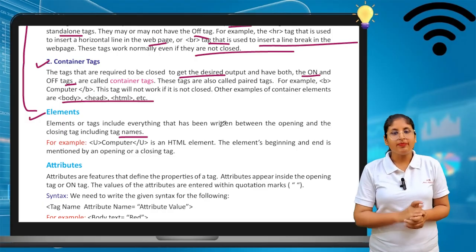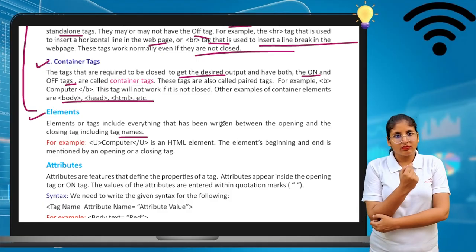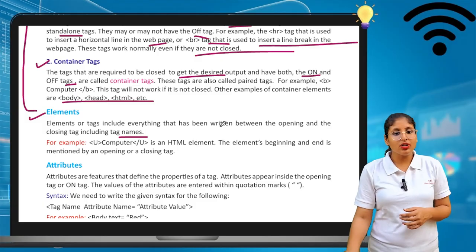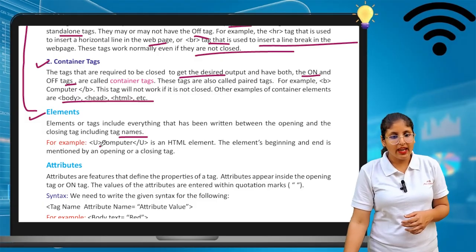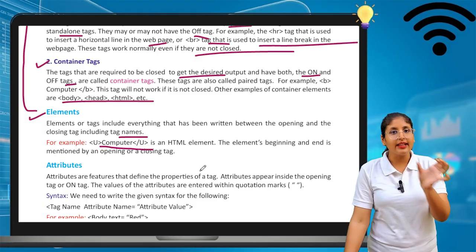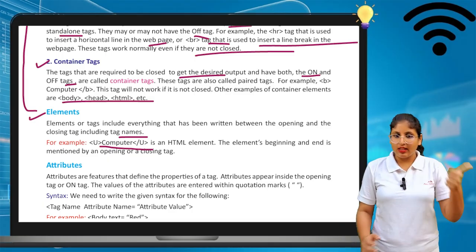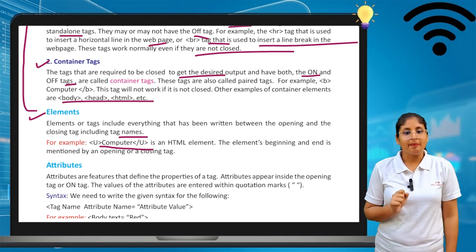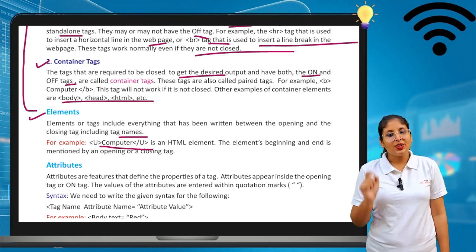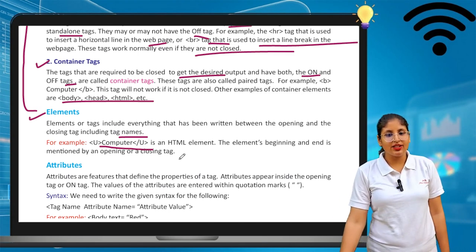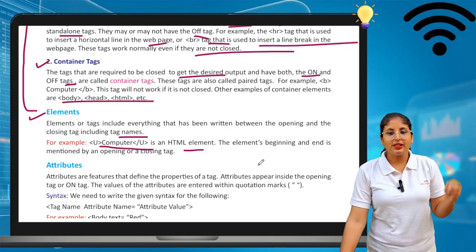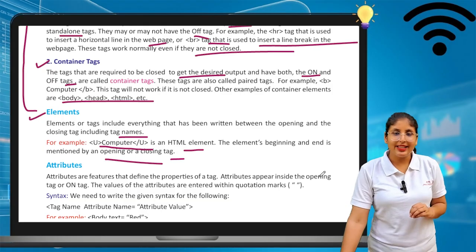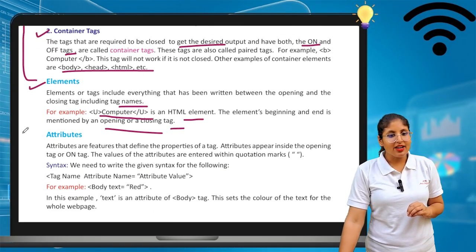For example, the opening tag U, closing tag, and in the middle the content. So it is an HTML element. The element's beginning and ending are the opening and closing tags. Okay, this is an element.